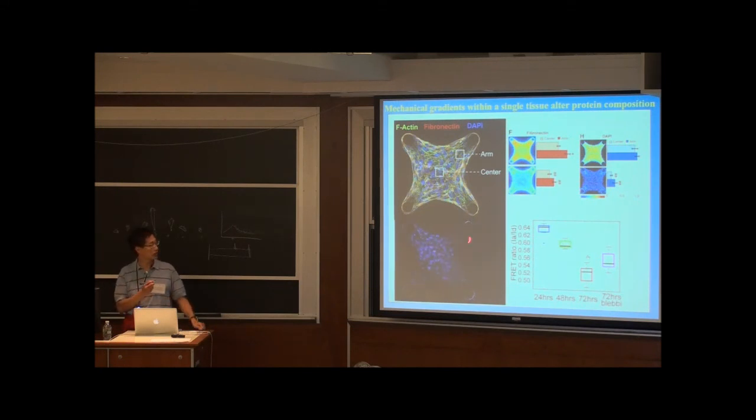And we put her FRET sensor into these constructs, and what we found is that as these constructs develop, they do increase their forces, and we can see that the FRET ratio on the fibronectin decreases, meaning that there's more and more stress on the fibronectin as the tissue is developing.